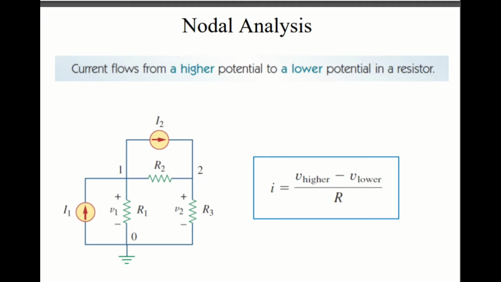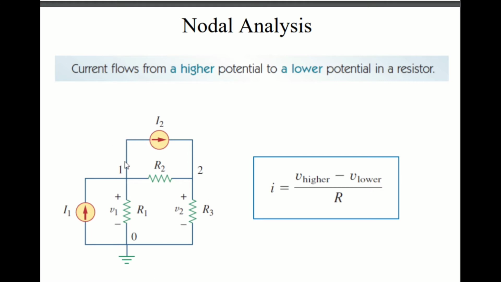We also need to know that current flows from a higher potential to a lower potential in a resistor. For example, if we look at this circuit, how many nodes does this circuit have? The first thing that you need to find is the ground, which is the ground node at the bottom here.